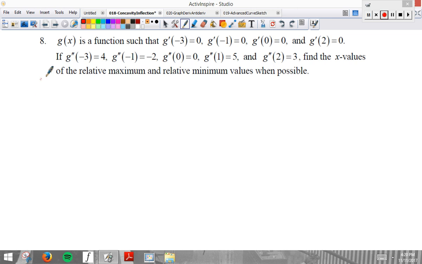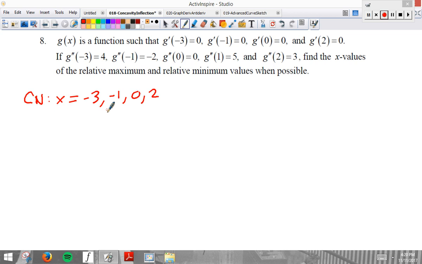And again, we are very lucky, wink wink, that we have the four values up here that are all telling us that g prime is equal to 0 at these four x values. So we know critical numbers. Specifically, we have -3, -1, 0, and 2 are all critical numbers of g because they are all x values that make g prime 0.